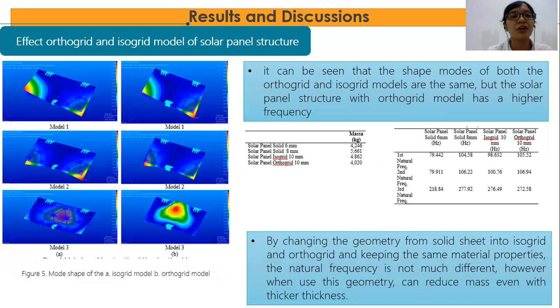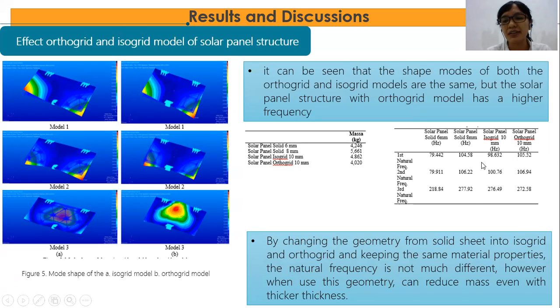And then the effect of the orthogrid and isogrid models of the solar panel structure. It can be said that the modes of both the orthogrid and isogrid models are the same, but the solar panel structure with the orthogrid model has a higher frequency. We can see here orthogrid compared with isogrid. And if we compare this model with the solid sheet, keeping the same material properties, the natural frequency is not much different.